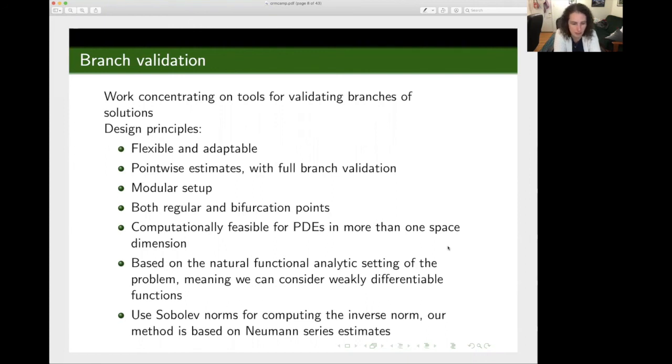And so, like I said, this is going to be Sobolev embeddings, and the one technical piece that's the hardest to do is a Neumann series estimate.